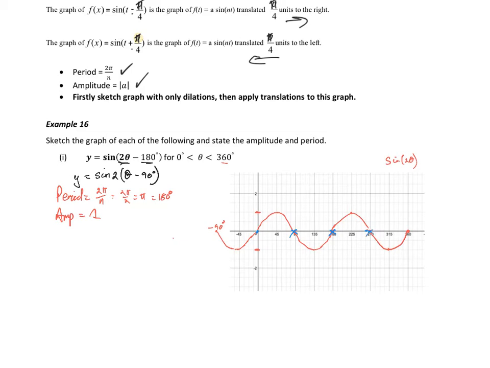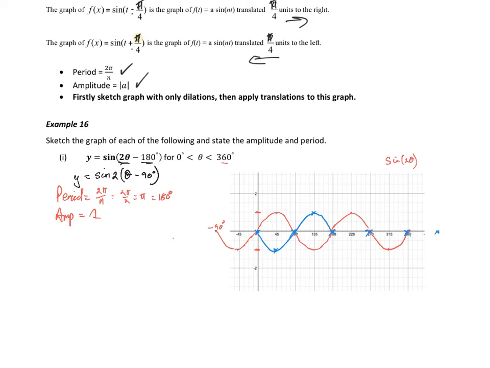That point goes forward 90 degrees, which will be too far. So the 270 goes to there. That point comes to 0. This point here comes forward 90 degrees to there. That point there goes forward 90 degrees to there. Once you get your first few points in, you can see what's happening.